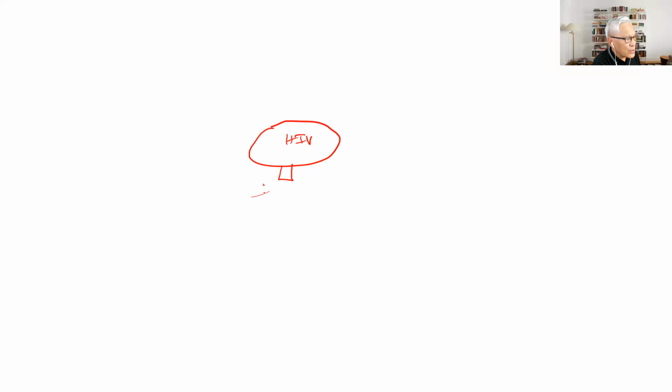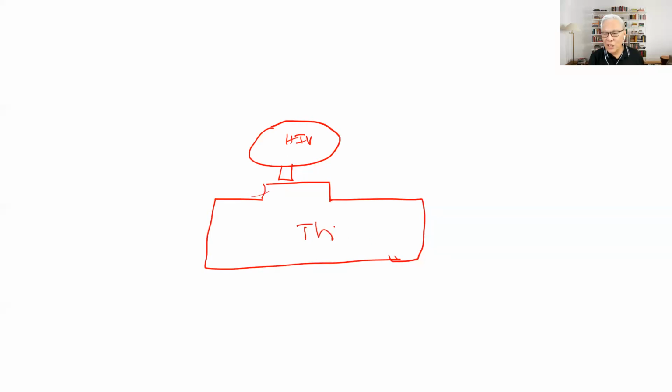So it attaches itself to the door, and the door of a T cell, the Th cell, is going to be your CCR5. You remember that? And then it's now going to go in, and the HIV does not have a nucleus. So it now invades the nucleus of the Th cell, and this is made possible through reverse transcriptase.